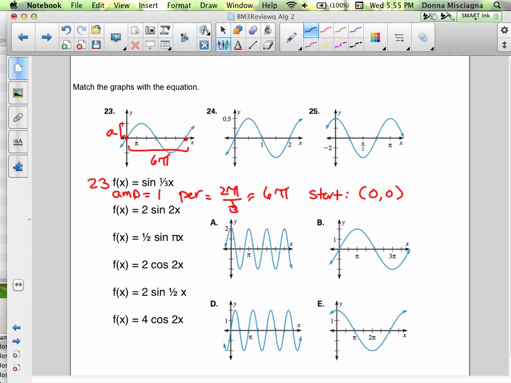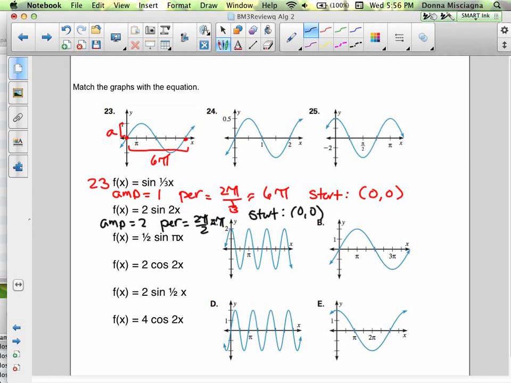The amplitude is 2. The period is 2 pi divided by 2, or pi. Now I'm looking for an amplitude, and the start is a sine, so it does start at 0, 0.